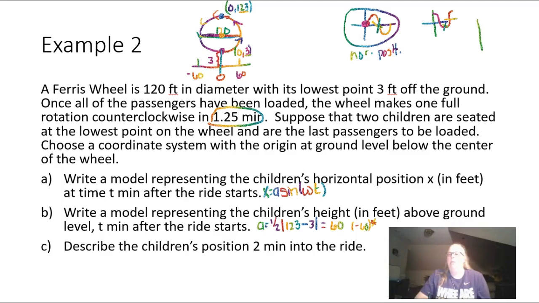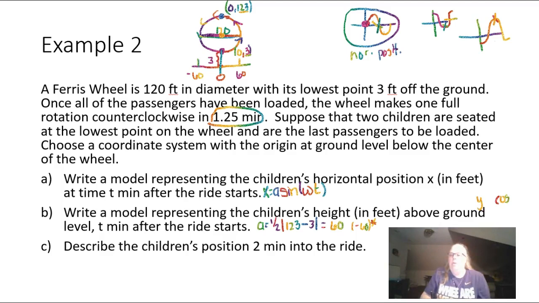So the cosine curve reflected across the x-axis is going to look kind of like this. And so at the halfway point, it's going to be at the maximum point. What that tells me is when we write our model for the height, we're going to use the cosine curve.